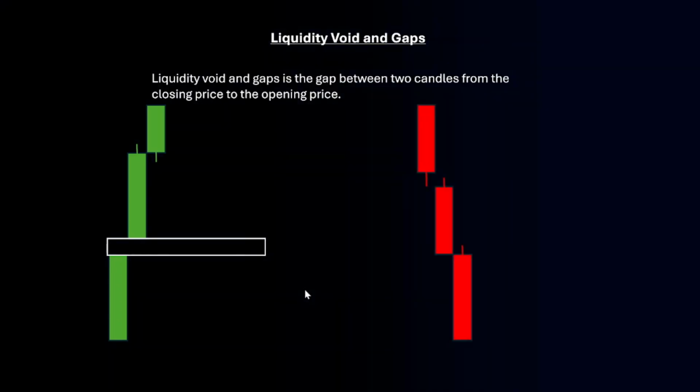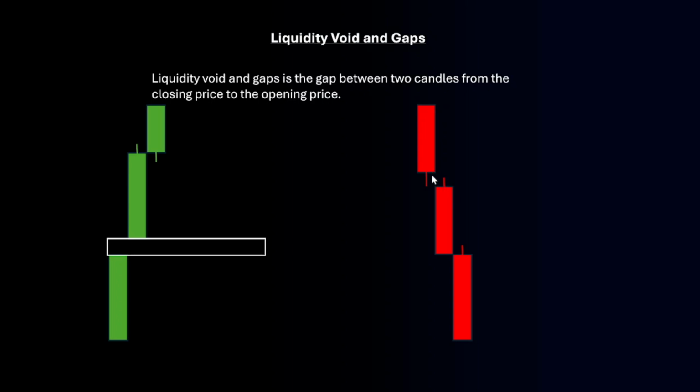Now we talked about a liquidity void where there's no candle wick within the gap, while in a liquidity gap there's a candle wick within the gap. It's telling you that on a lower time frame, price has traded back to that liquidity void and filled it with a candle wick. But it's still a reference point, because we are looking for a full candle close inside the gap.